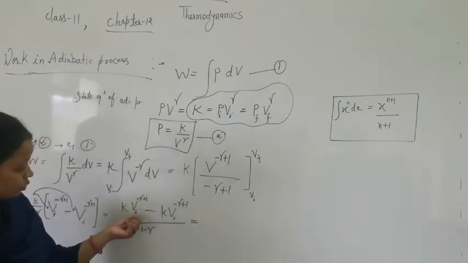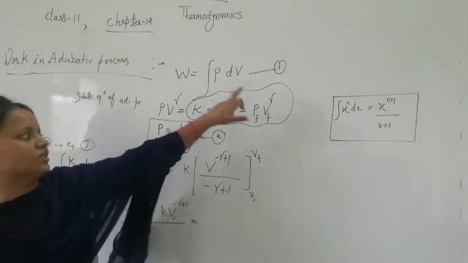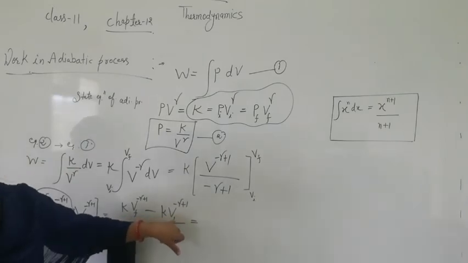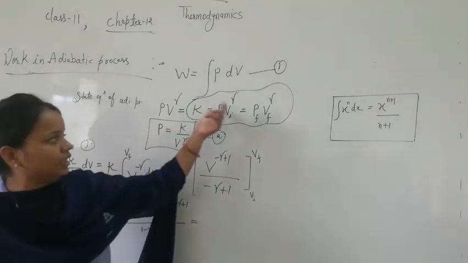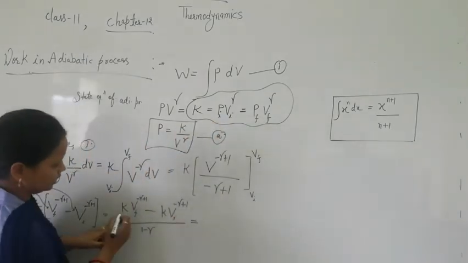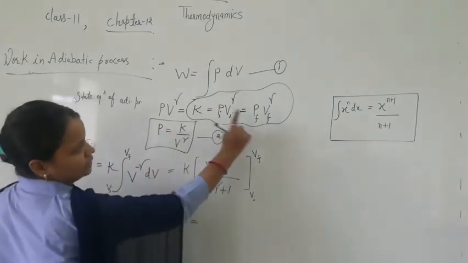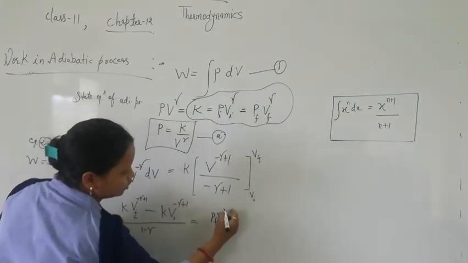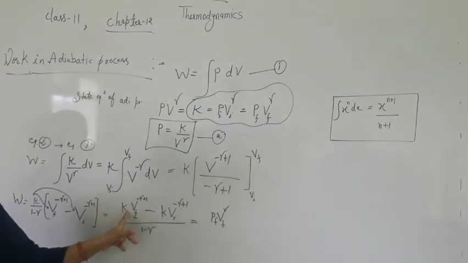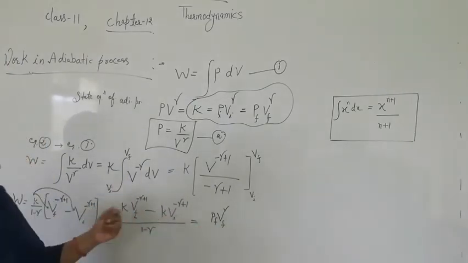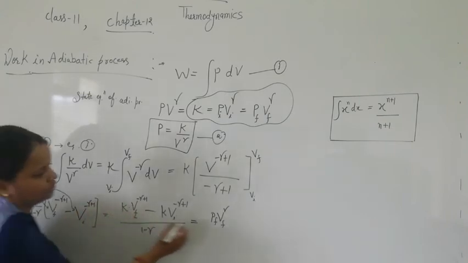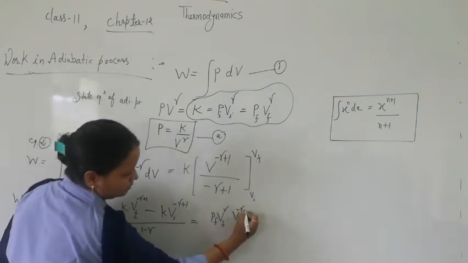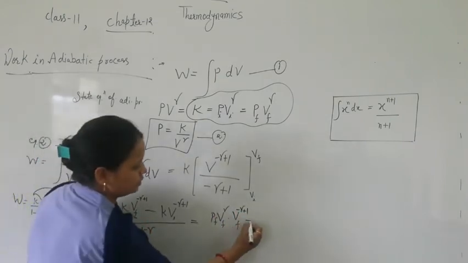When we use the final term, the constant K is equal to the final multiplication, and when K is related with the initial term, we put the value of K in terms of the initial variables. For final, K is equal to Pf Vf raised to the power gamma, and in place of K we put it and multiply by Vf raised to the power minus gamma plus 1, and again minus is here.